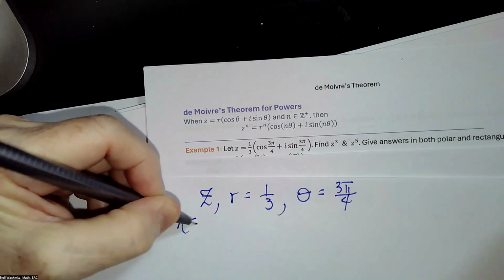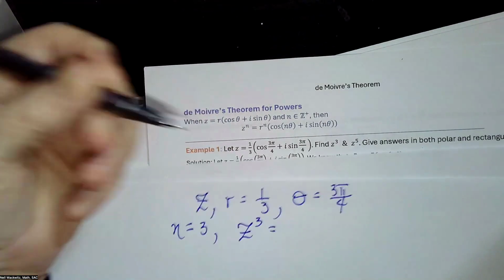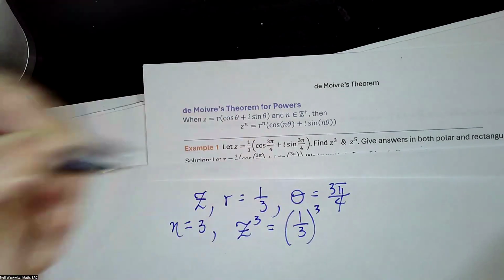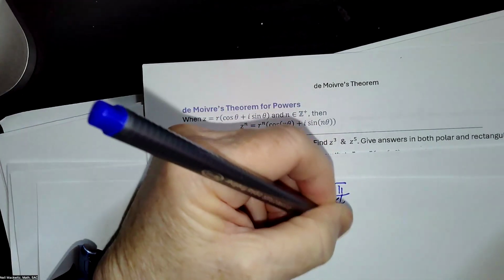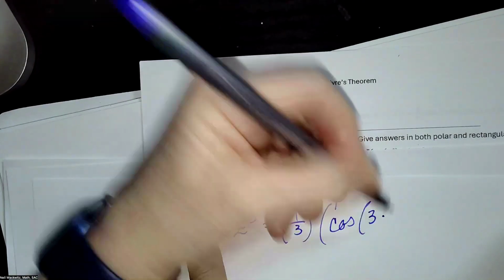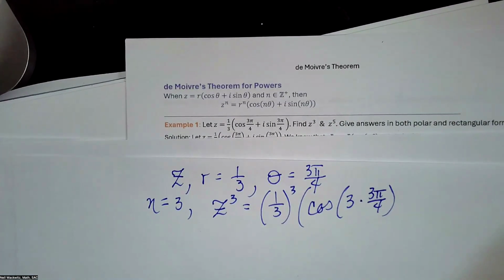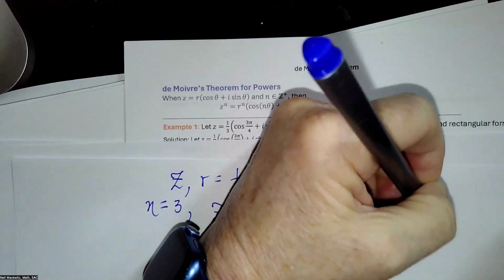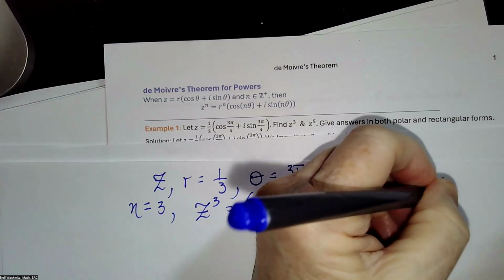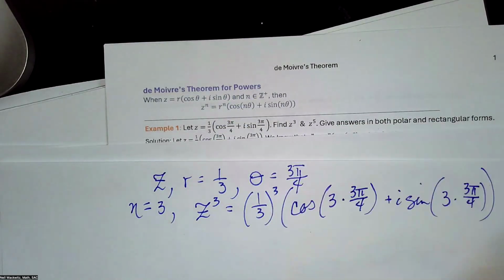When n is equal to 3, we have z cubed is equal to 1/3 cubed cosine, and let's see, n, so 3 times 3 pi over 4, plus i sine 3 times 3 pi over 4.